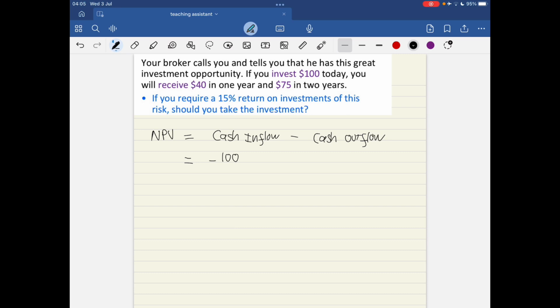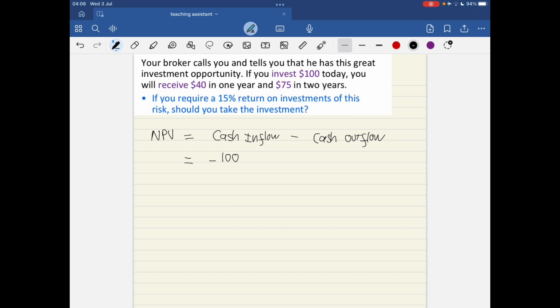But for the cash inflow, it's a bit different. It's not just a simple 40 and 75, because you have to discount it, because you require 15% return on investment. So what do I mean?